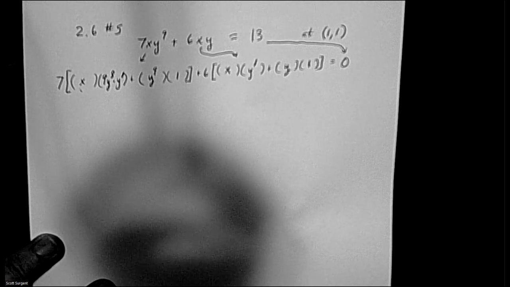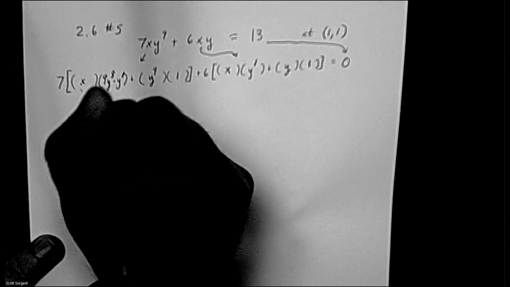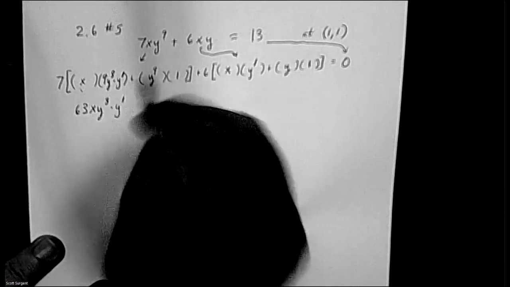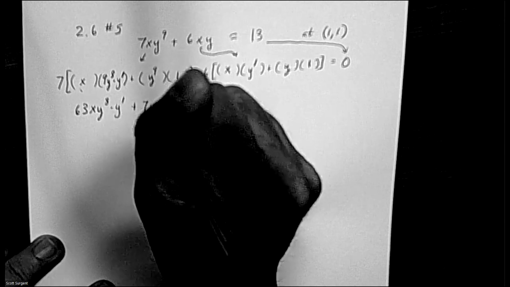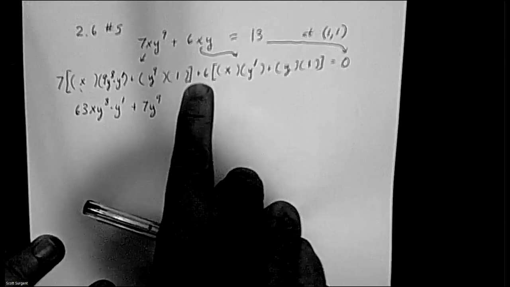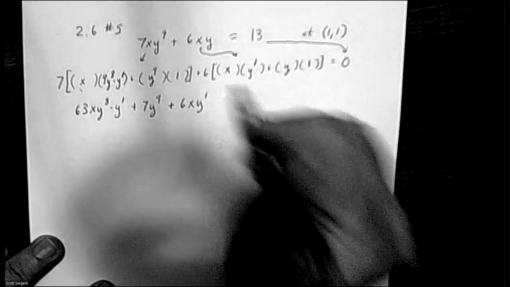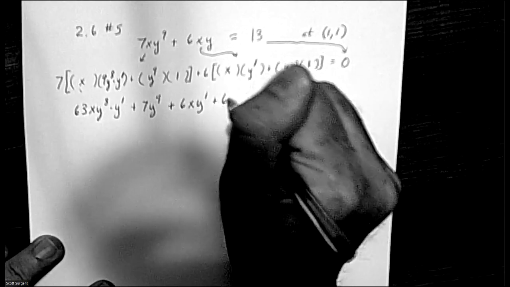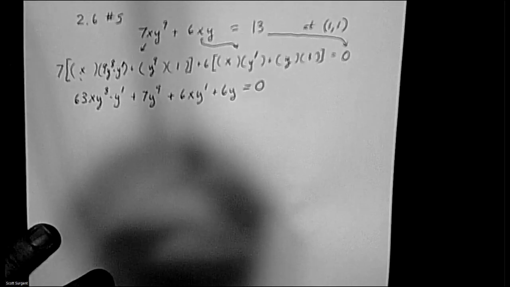I'm going to go ahead and simplify. I'm going to distribute the 7, so it's going to be 63xy to the 8th times y prime. And then the 7 comes here, that's going to be 7y to the 9. The 6 gets distributed here, it's going to be 6xy prime. And then the 6 gets distributed here, which gives us 6y. And the 0 is just hanging out doing nothing.